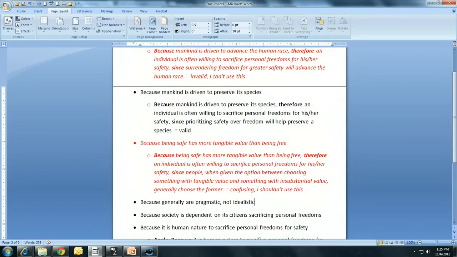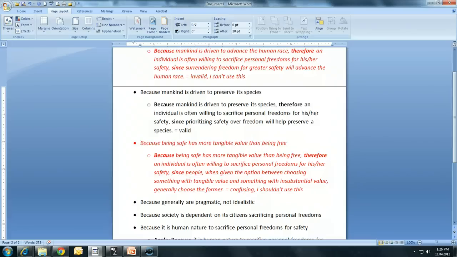That's what I'm basically saying when I say that being safe has more tangible value. That's why they would do this. I'm saying that they would do this because tangible things appeal to them rather than idealistic things, those insubstantial things in life. Safety appeals to our practicality, our pragmatism.